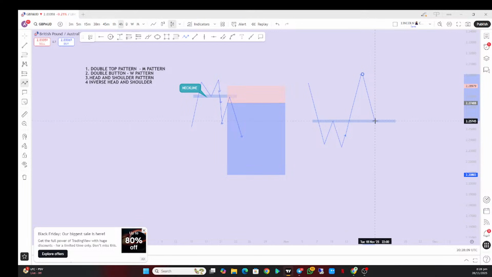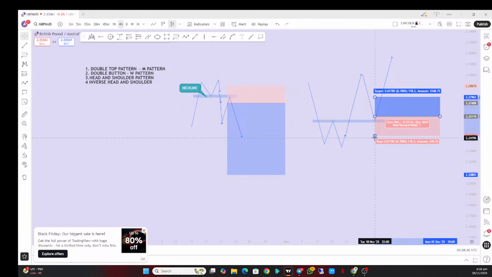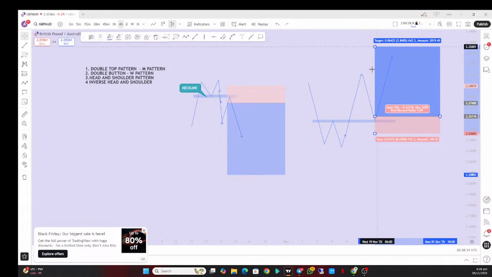You wait for a retest to happen, then enter for your buy position. That is it. Another extra confirmation you're going to get in that particular zone, on that particular neckline. Just like that, you minimize your risk, you increase your reward. That is what you'll be doing over and over again.